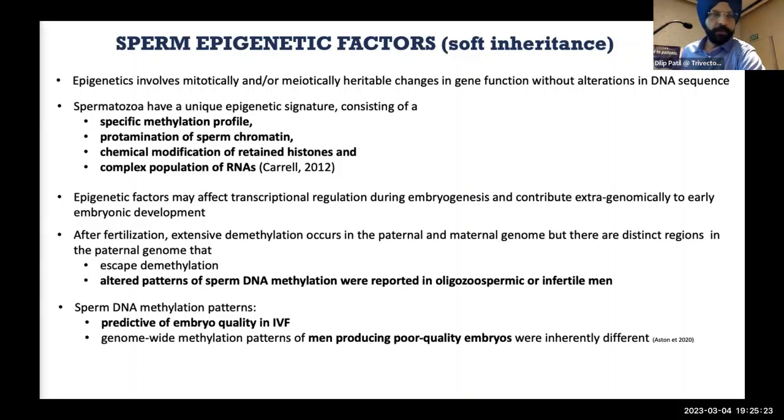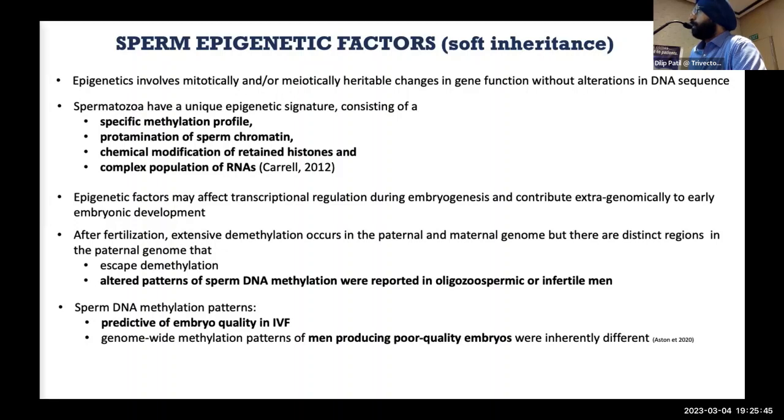If you look at the epigenetics of inheritance, after fertilization, extensive demethylation occurs in the paternal and maternal genome, but there are distinct regions in the paternal genome that escape demethylation. Altered patterns of sperm DNA methylation have been reported in oligospermic and infertile men.